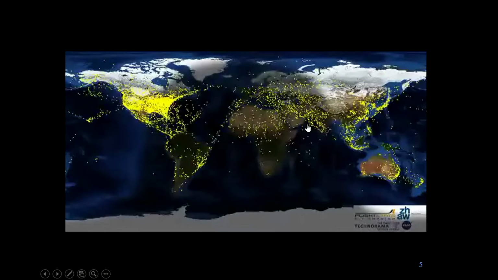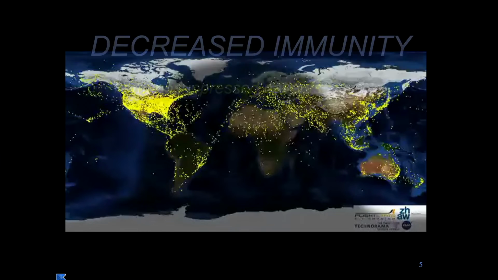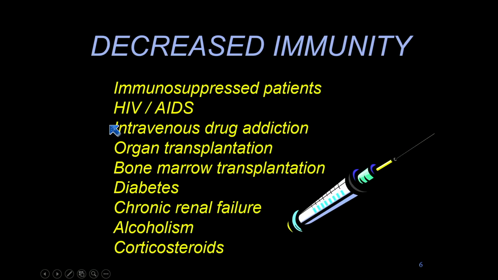These all represent flights, and if you see the animated version of this, you can see the migration of all these dots of light, a million points of light, if you will, all over the globe. And because of this transit of individuals across the globe, we do have increased exposure to agents that are not endemic or even present in certain geographic areas.